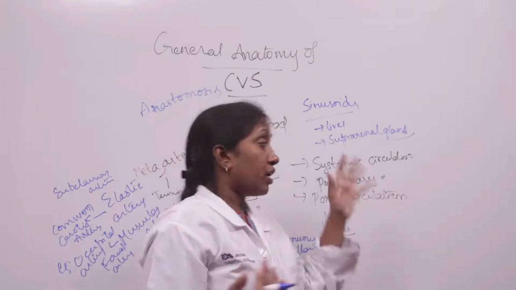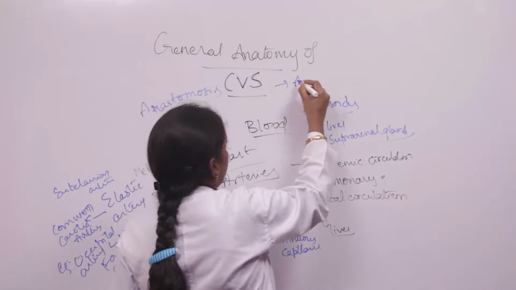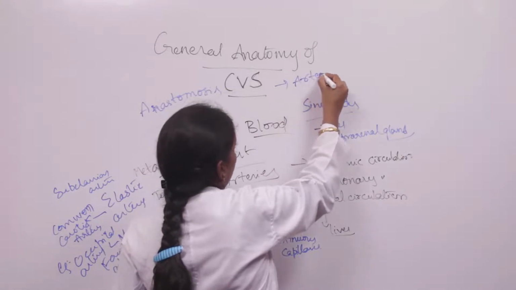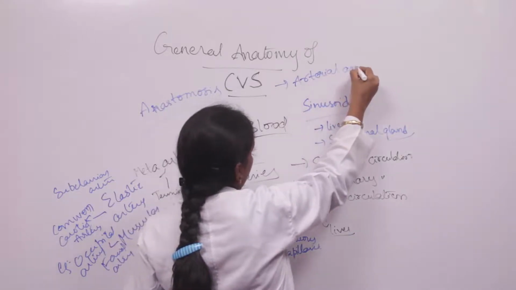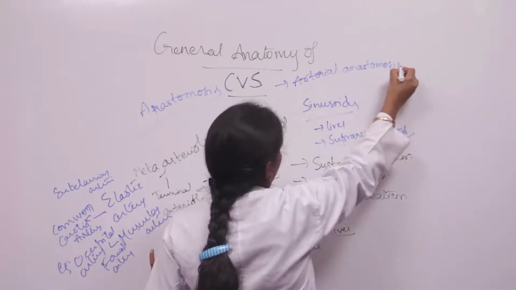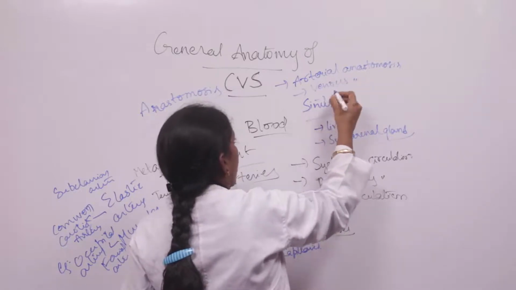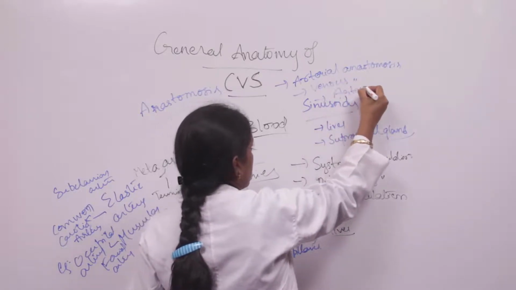Anastomosis is of three types: arterial anastomosis, venous anastomosis, and arteriovenous anastomosis.